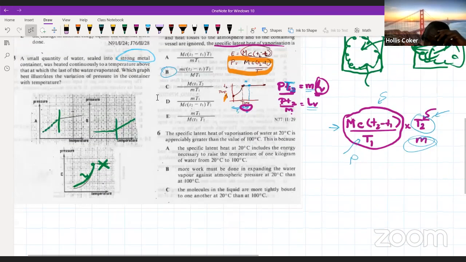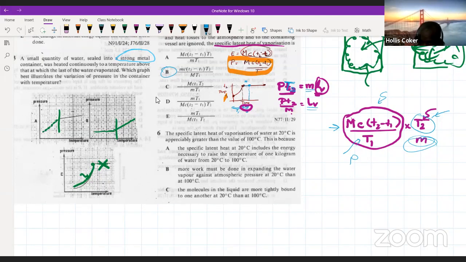All right, number 6. Let's see what we do with that one. Specifically, relating to vaporization, the value for water at 20 degrees Celsius is greater than the value at 100 degrees Celsius. Why is that? Well, simply put, you can arrive at a different thermodynamic state by different means, but the energy from one state to the other is the same.